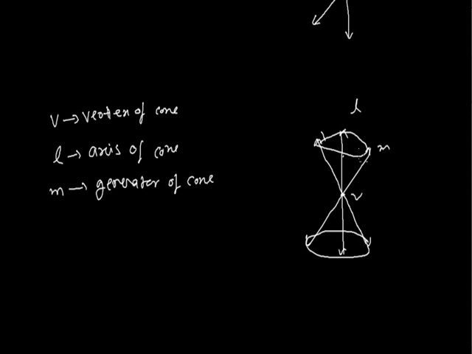This part is the upper nap, because there are double naps, and this part is the lower nap.